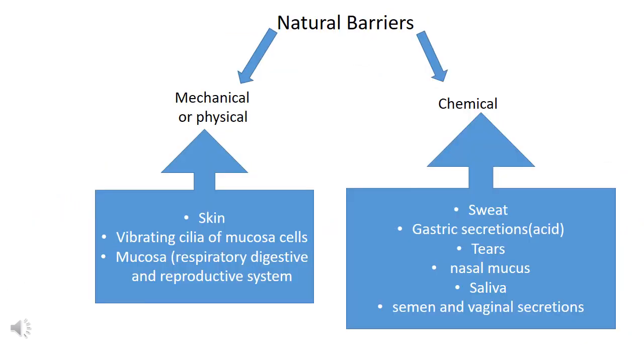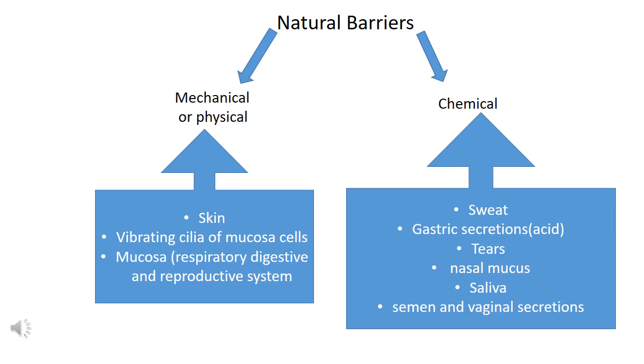These natural barriers are divided into physical or mechanical barriers and chemical barriers. The physical barriers include the skin, the vibrating cilia of mucosa cells, the mucosa of the respiratory, digestive, and reproductive system. While the chemical barriers consist of the sweat for the acid it contains, and this acid can destroy bacteria.